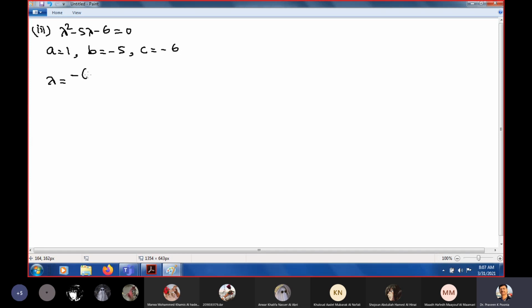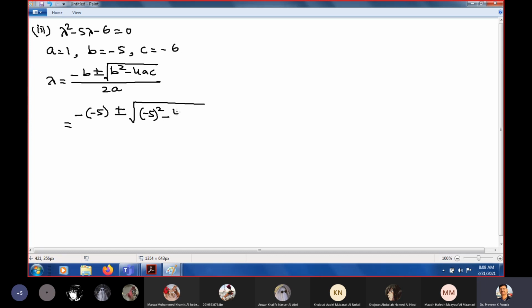Lambda is equal to minus B plus minus square root of B square minus 4AC upon 2A. And this equals minus minus 5 plus minus square root of B square, B square means minus 5 square, minus 4 into A is 1, C is minus 6, and upon 2 into A is 1.